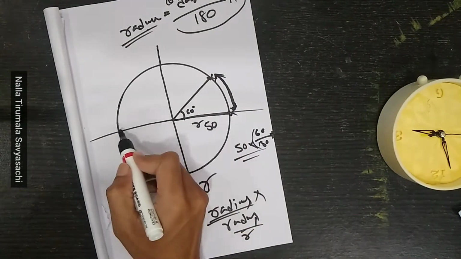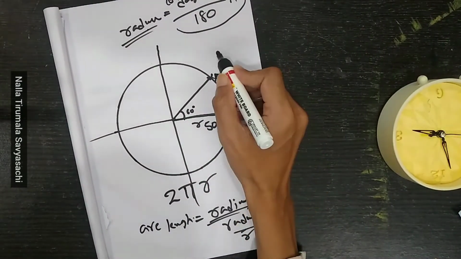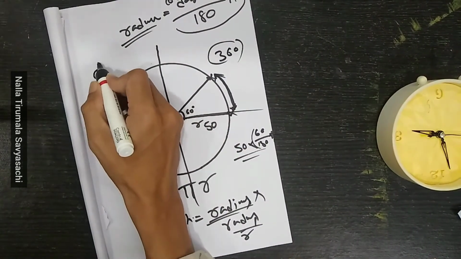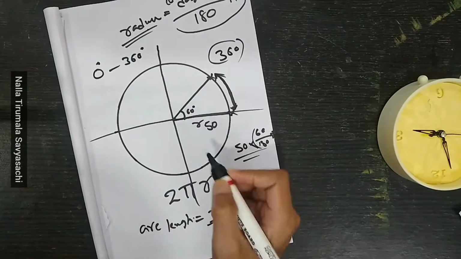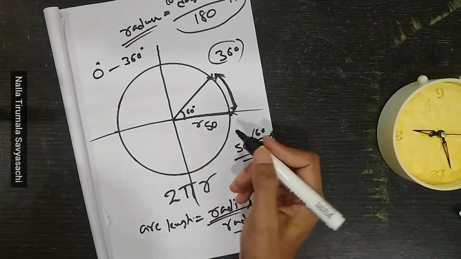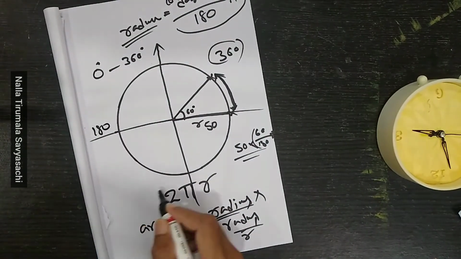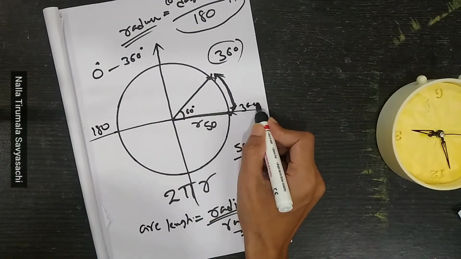Every circle contains 360 degrees. So 360 degrees means 0 to 360 degrees, right? So this will be 90, 180, 270 and 360.